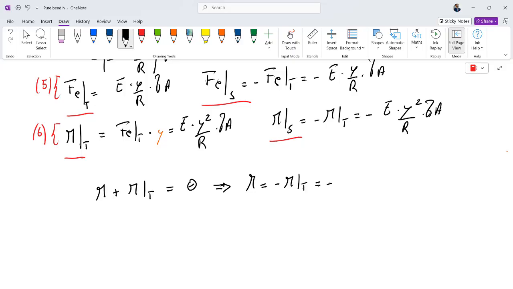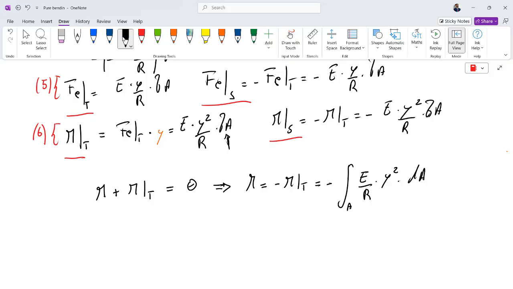integral on a surface A of E divided by R times y squared times dA in this case. So we integrate on all the area of our cross section. This was a strip area, a little portion of area of our cross section.